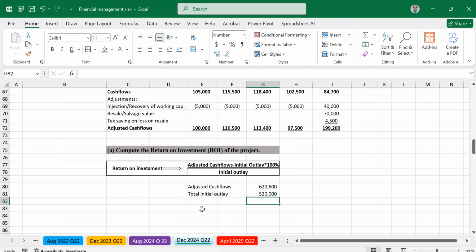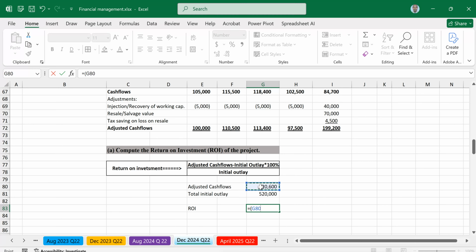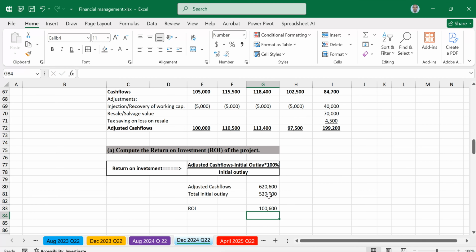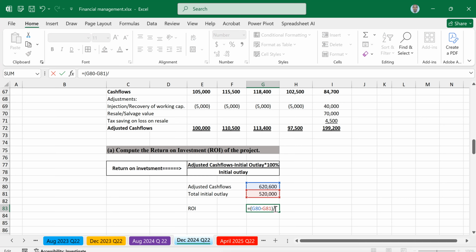And ROI, return on investment, equal sign, bracket, adjusted cash flow minus the initial outlay of 520, close bracket. You can't just leave it like that, that is wrong. You're supposed to divide that with the initial outlay again.